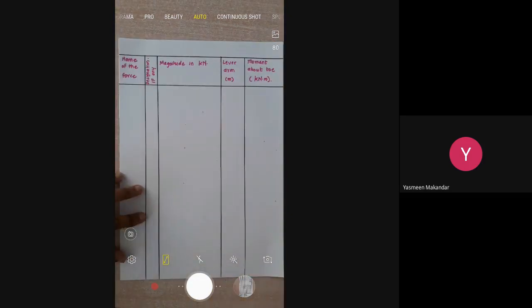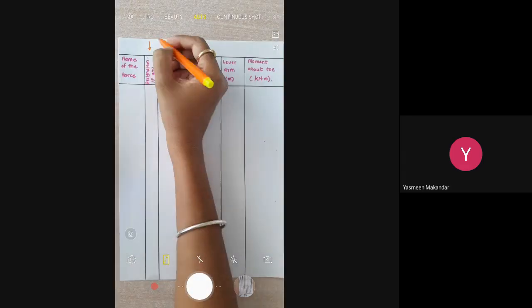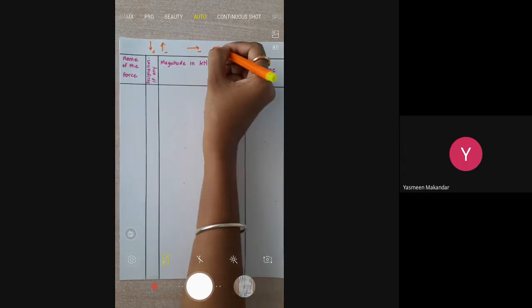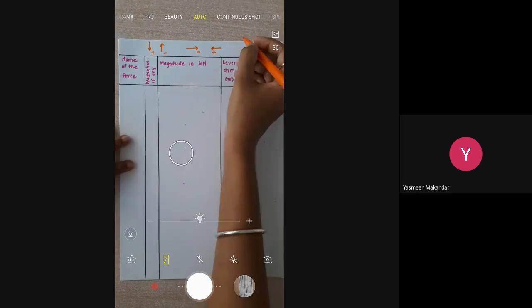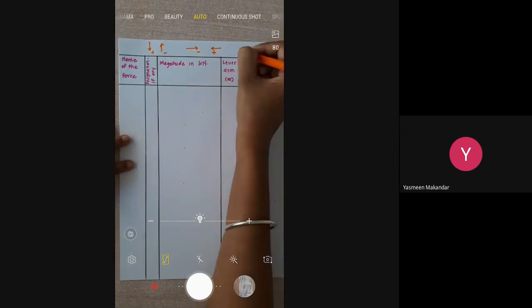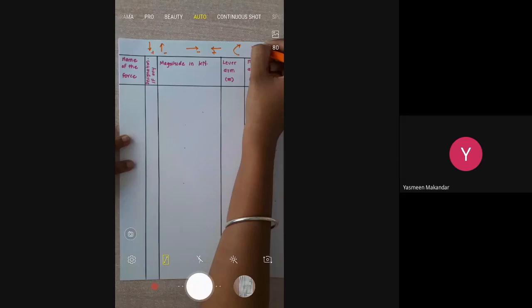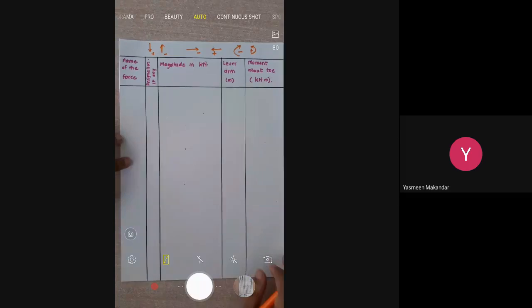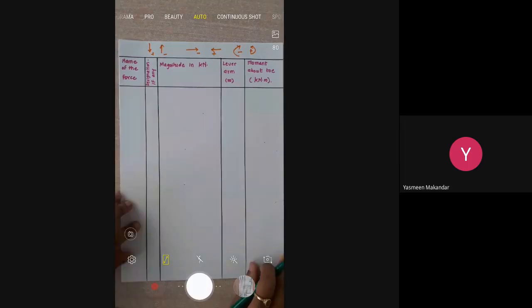Sign conventions as earlier: vertically downward force is positive, vertically upward negative, towards right negative, towards left, that is towards the reservoir, positive. Then movements: clockwise movements negative, anti-clockwise movements positive. Fine. So now we will calculate vertically upward forces. In that the major force is uplift pressure.